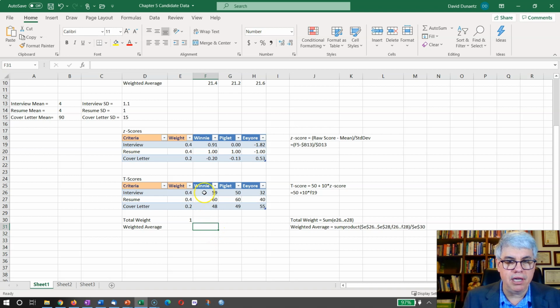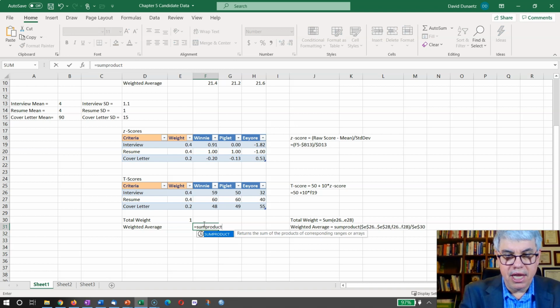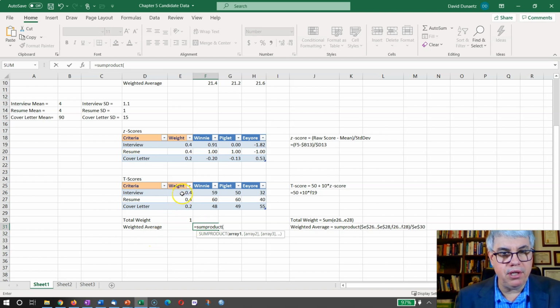We're going to use the sum product of this row times the sum product of this divided by the total weight. So that's going to be equals sum product, and we're going to have E26. It's always going to be this one, so we can put the absolute cell value, $E$26.